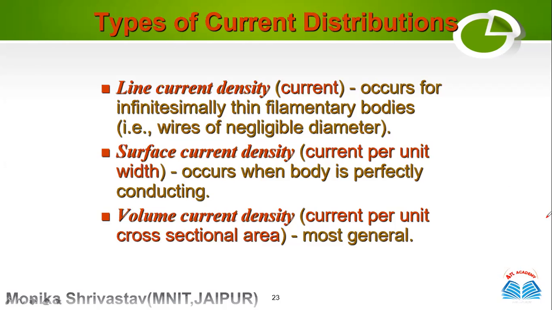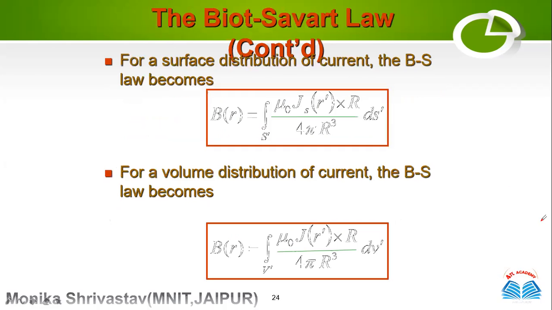So moving ahead, for a surface distribution of current, the Biot-Savart law becomes this one. If we are talking about any surface, then we will introduce the surface current density, and this is the notation of surface current density, Js.